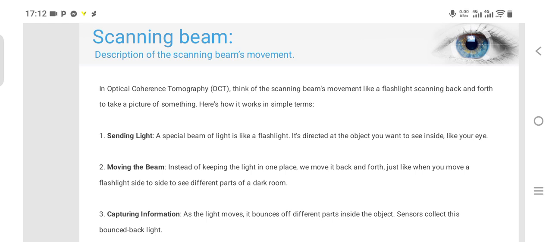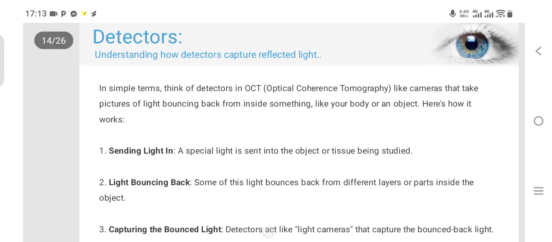Instead of keeping the light in one place, we move it back and forth, just like moving a flashlight to see different parts of a dark room. As the light moves, it bounces off different parts inside the object, and the sensors collect this bounced back light. That's the description of the scanning beam movement.